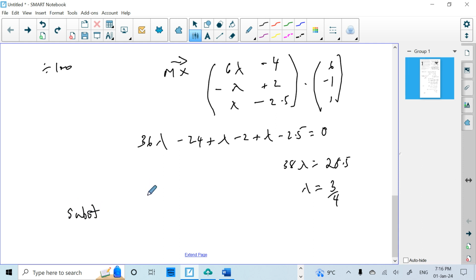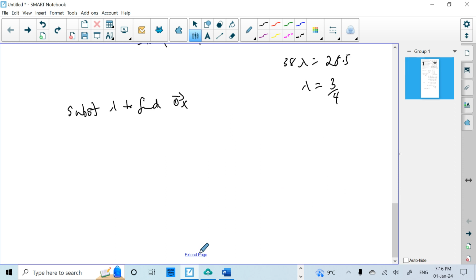Now I've got to substitute lambda to find the vector OX. You can go back and check, I'm conscious of time because we've taken so long, it's a lengthy question at the end of the exam and I'm probably running out of time.